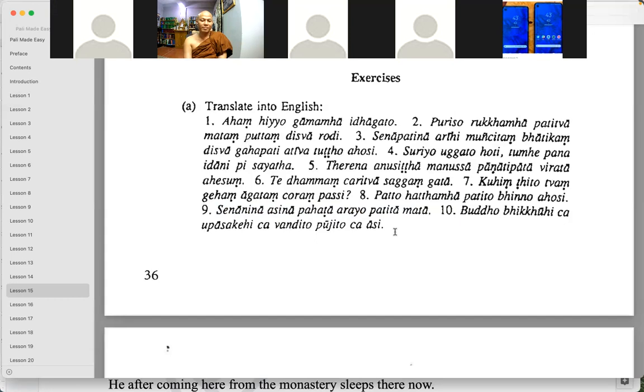And then Senanina is the instrumental. Instrumental, right. Okay. And then, so the enemies beaten by the general and then fell and died. Fell and died. Well, great.